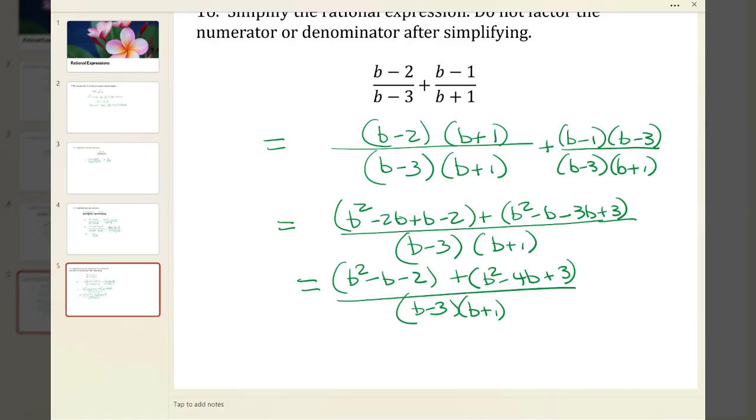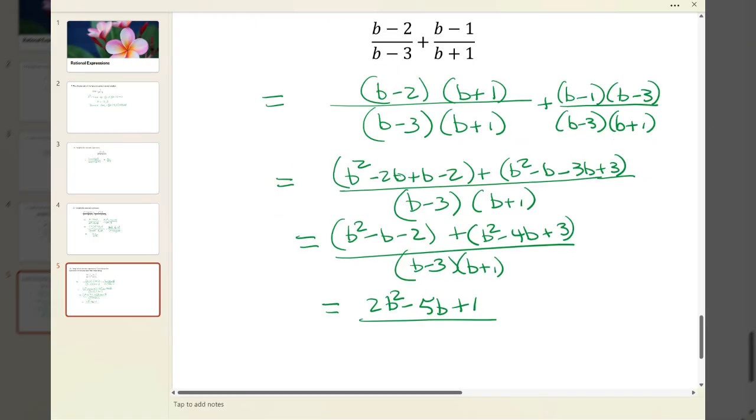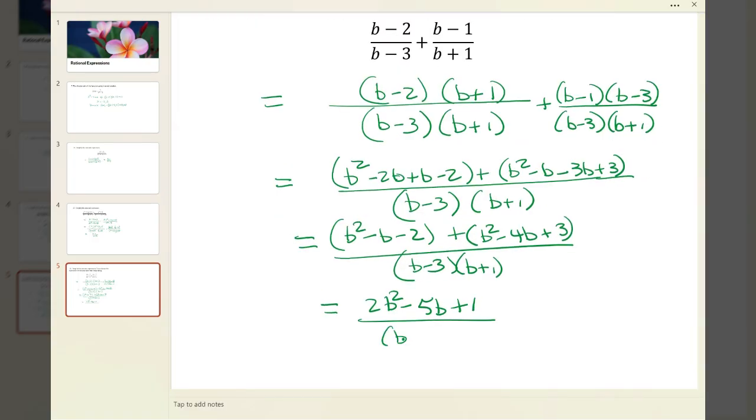Once you combine like terms, that's 2b squared minus 5b plus 1 all over b minus 3 times b plus 1. Don't worry about anything being factored because you're not asked to do that. Okay, so that wraps up the material on rational expressions.